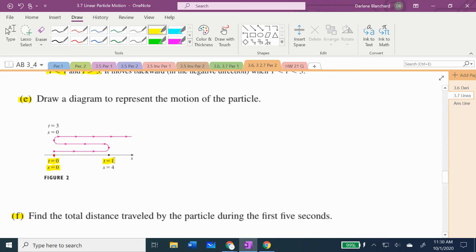At time 1, my position is 4, and so this is where you have a value of 4. This is representative of S. That means that I'm not looking at plotting values of T, I'm plotting the values of S. So this is S equals 0. This is S equals 4.